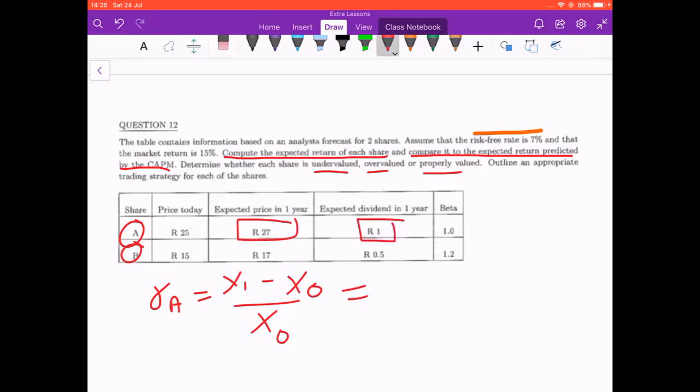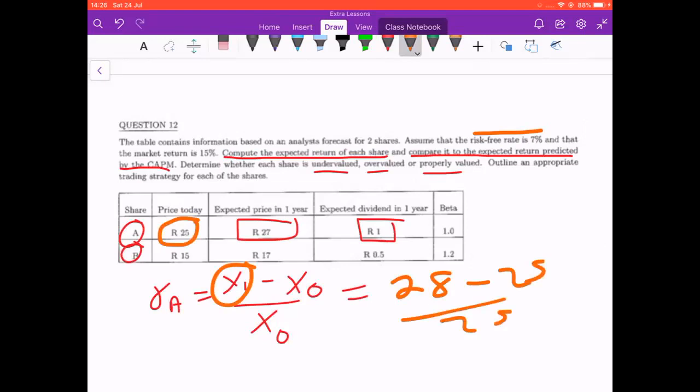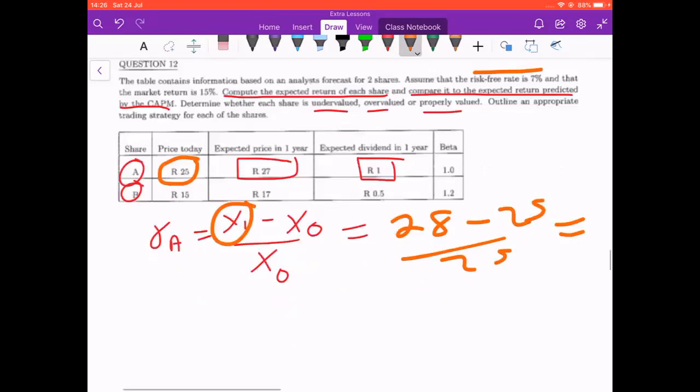So your X1 over here is going to be 28 rand, minus the price, which is 25, over 25. Then you find the rate of return for A, and you do the same for B.